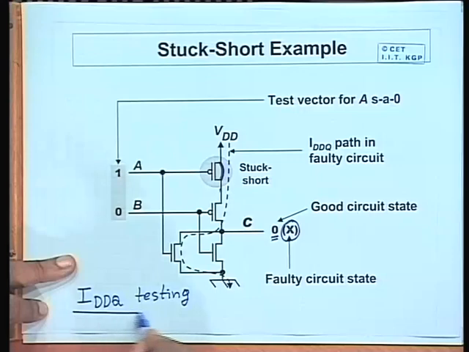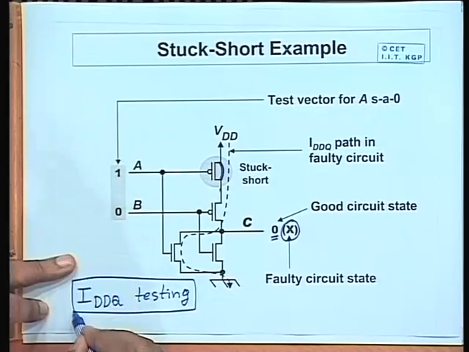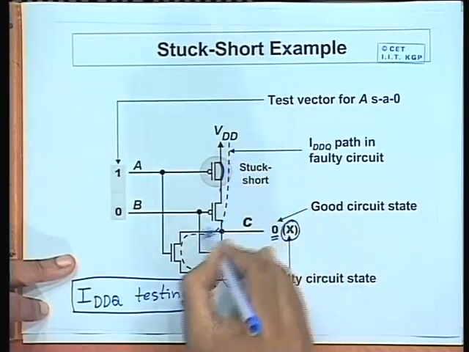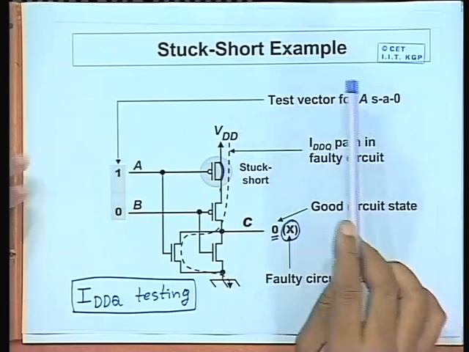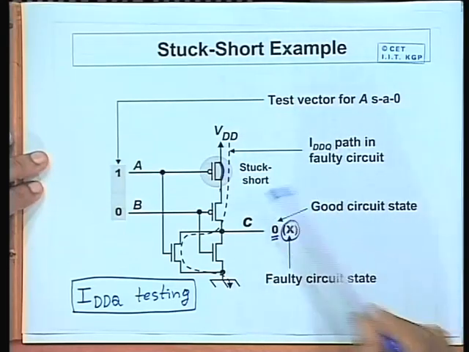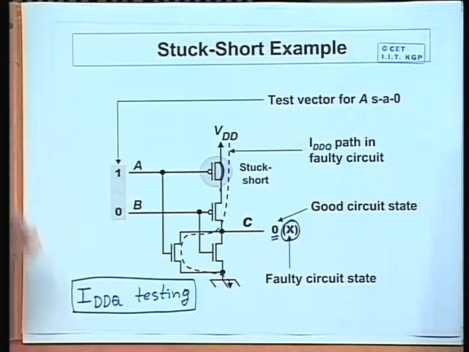So, IDDQ testing, or sensing this high current flow, is required for detecting such stuck short faults in MOS transistors. Okay. So, we have looked at some of the fault models that people normally use.